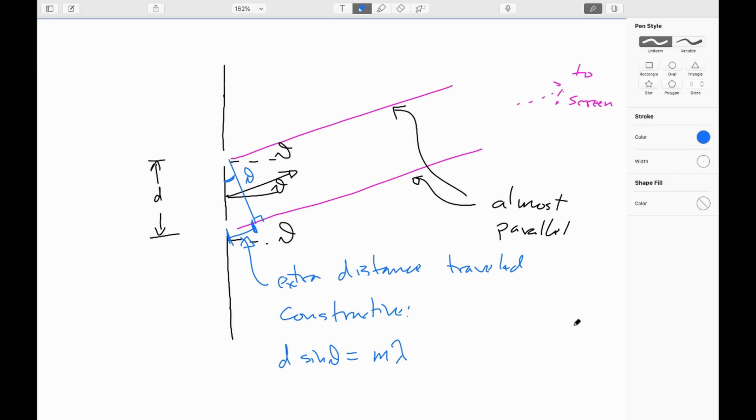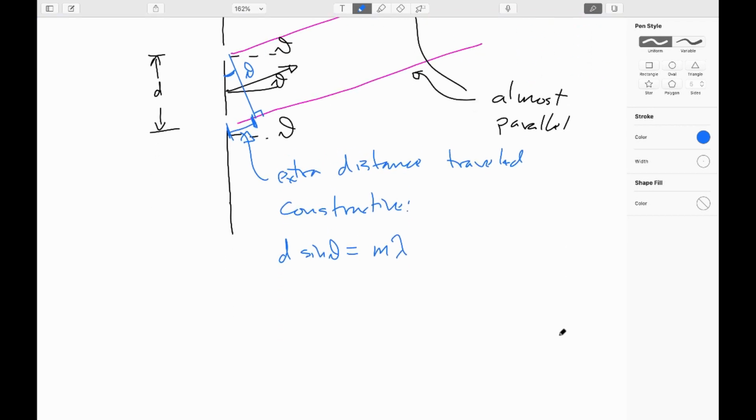And if you remember from your calc, if your angles are small, the sine of theta, we can Taylor expand that out. That's theta minus theta cubed over 3 factorial plus theta to the 5th over 5 factorial, minus and plus and so forth. So if things are small, theta is already a small thing.